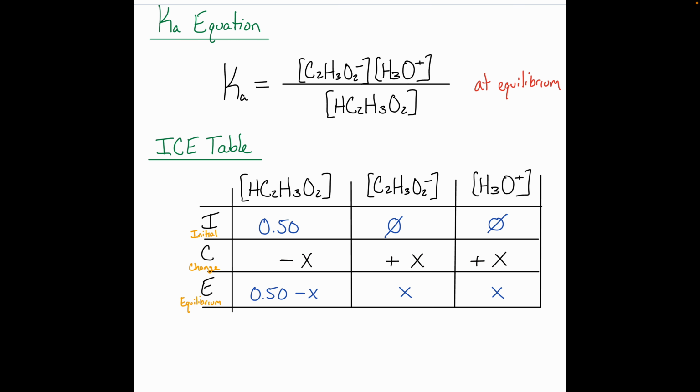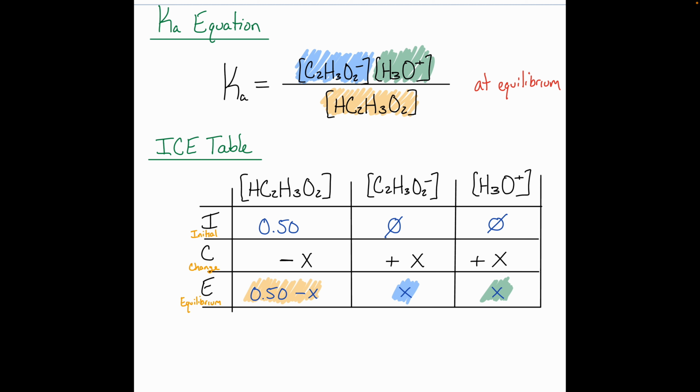My equilibrium concentration of my acid, my acetic acid, corresponds to this equilibrium of acetic acid box on my ice table. Same thing with the concentration of that conjugate base at equilibrium. That's also on my ice table. And lastly, the thing that I really care about, my concentration of hydronium at equilibrium on my ice table here.